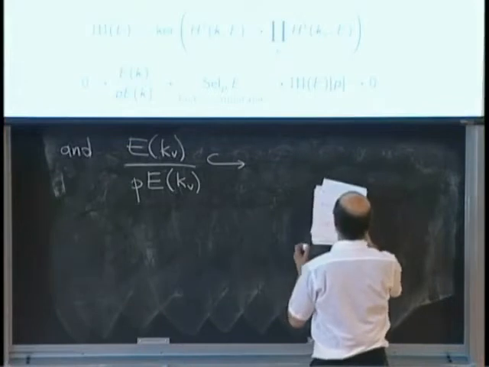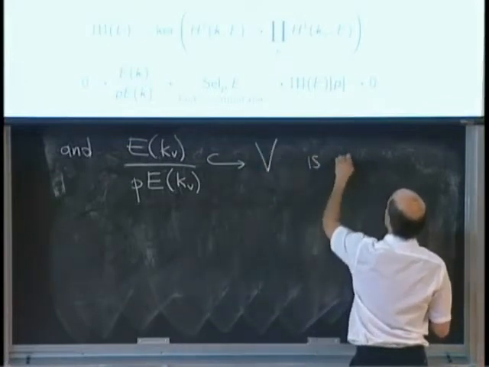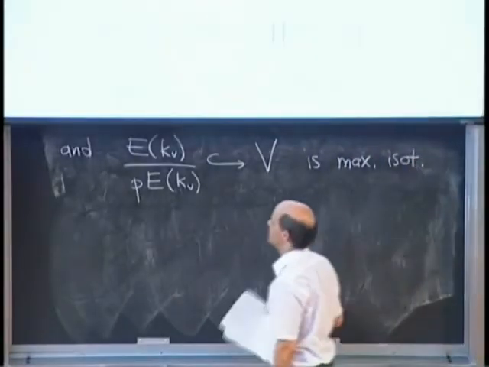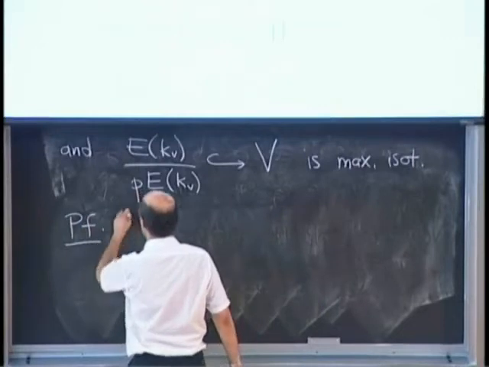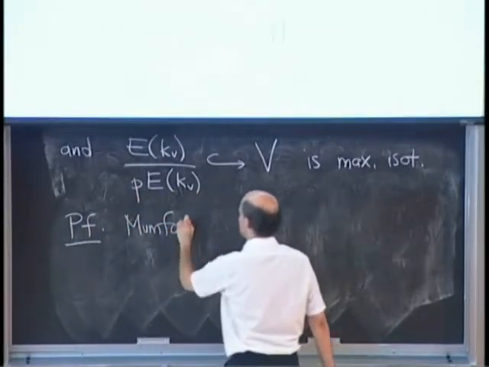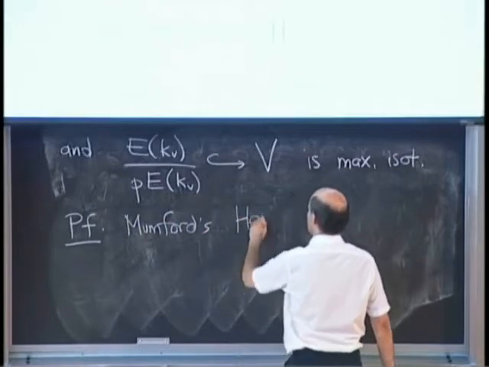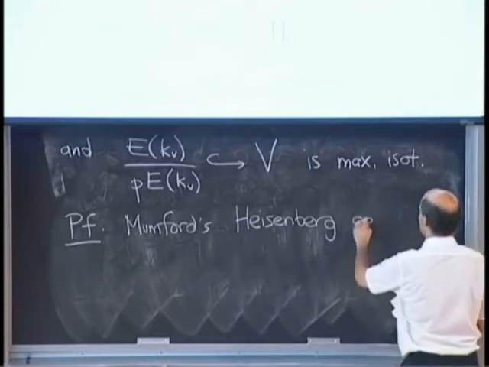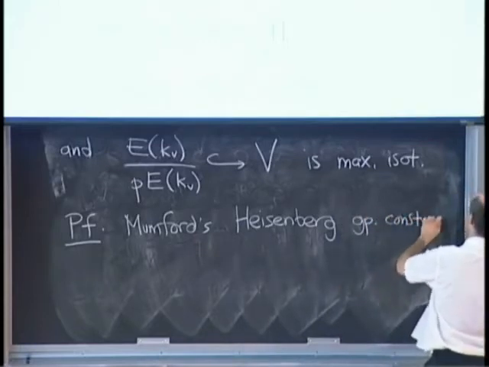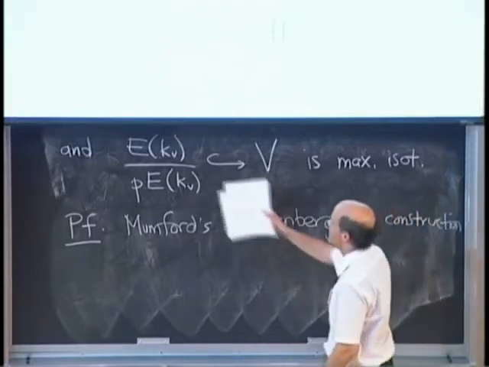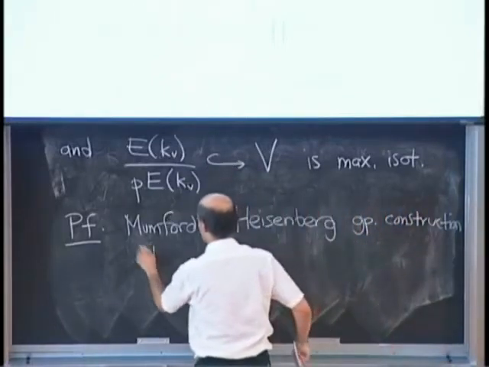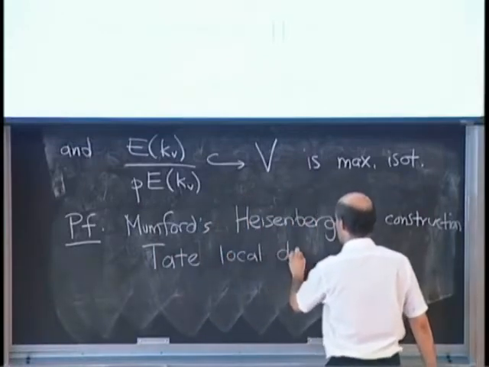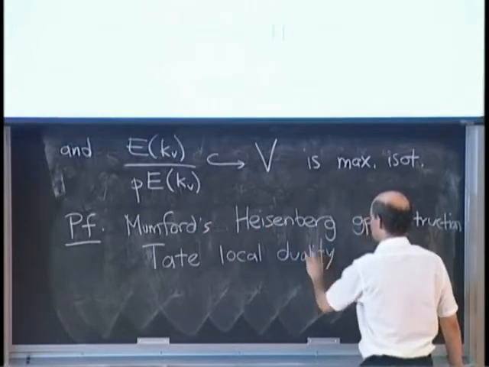This thing mapping into V, the image turns out to be maximal isotropic. To construct the quadratic form, you use Mumford's Heisenberg group construction. I'm not going to explain this. To prove that this subgroup is maximal isotropic, it more or less boils down to the local duality theorems that were proved by Tate around 1960.